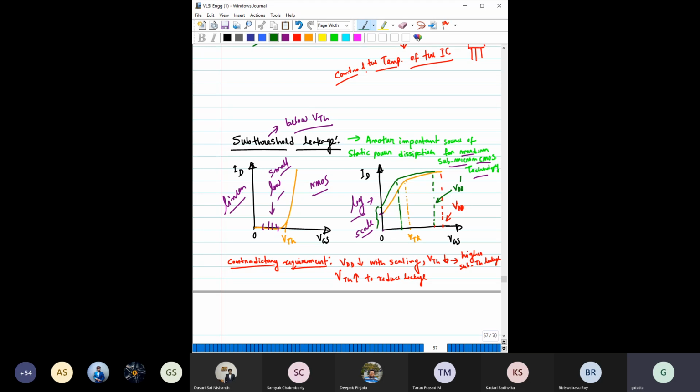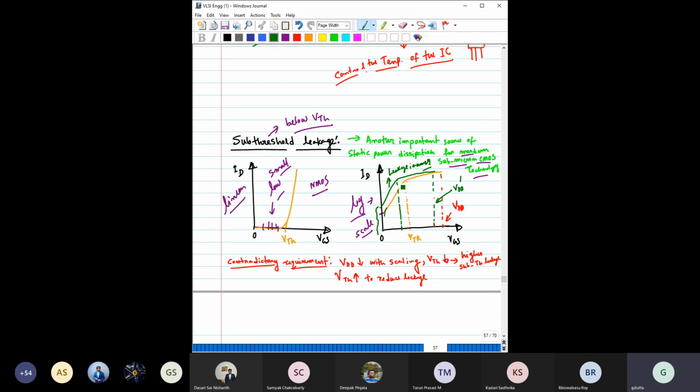But see what is happening to the leakage current. If you are not able to reduce this slope, that means this would be in parallel with that, then your leakage increases. That is the reason why, and this is called the subthreshold slope, there is a limit.